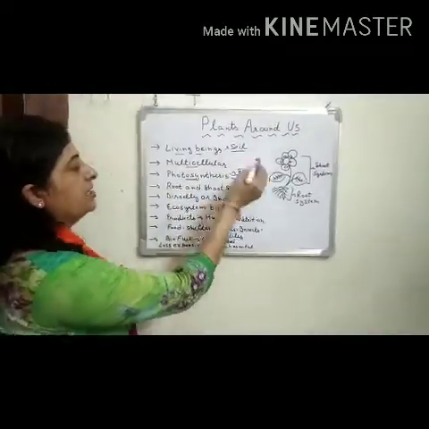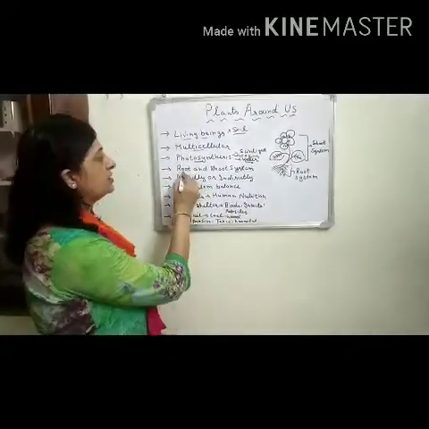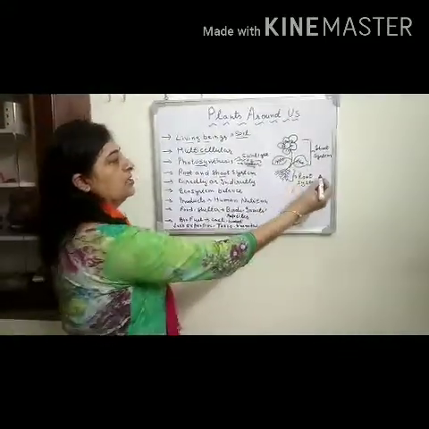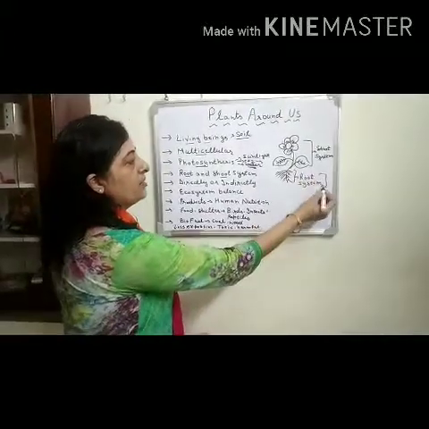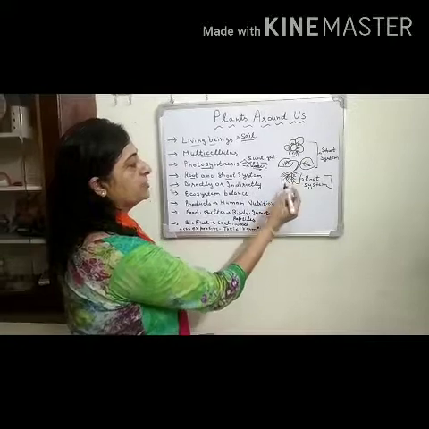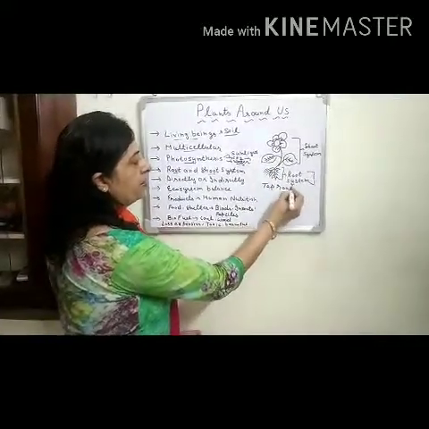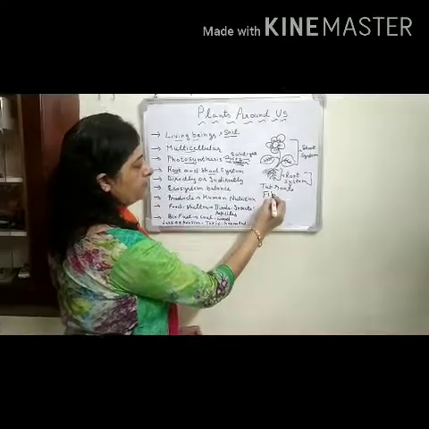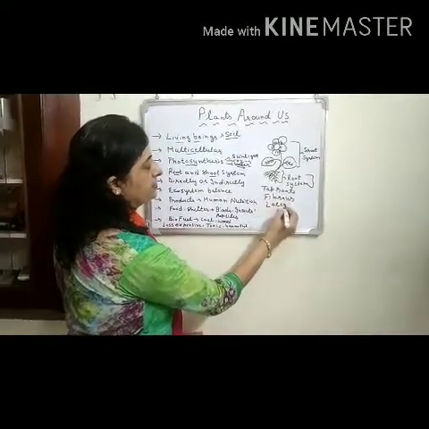Basically there are two systems in plants: root system and shoot system. Root system consists of roots like the taproot, fibrous root and lateral roots.